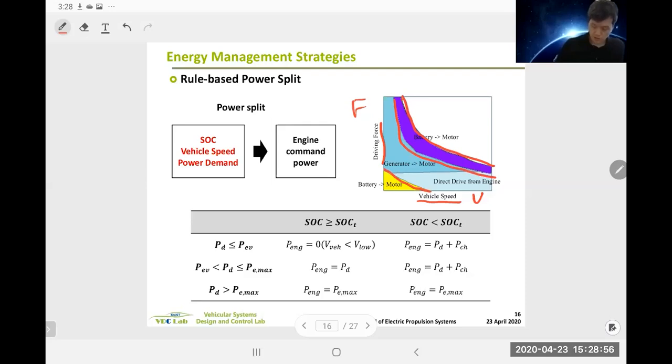And at low torque demand, the engine can do the job. When you need high torque, then the motor can assist, right?